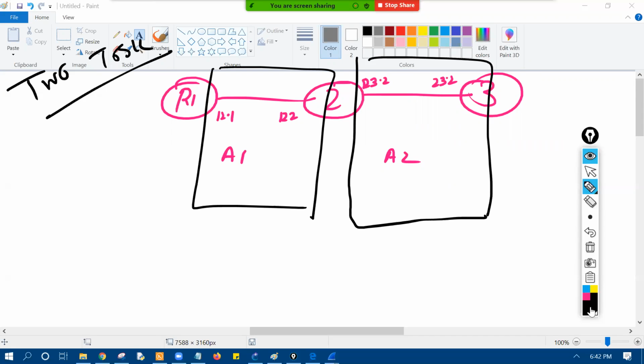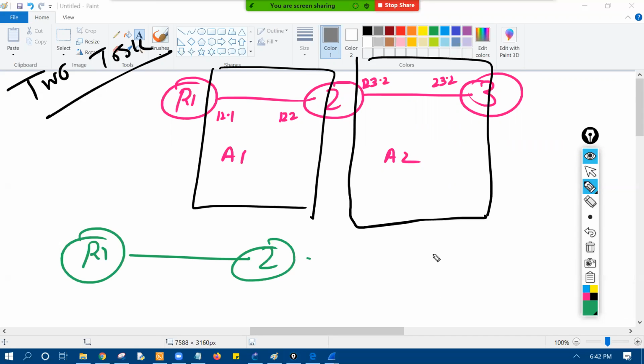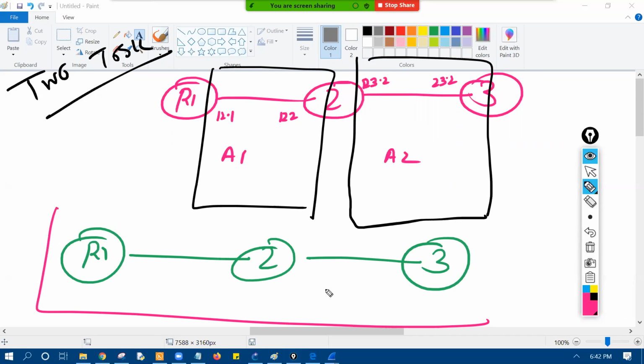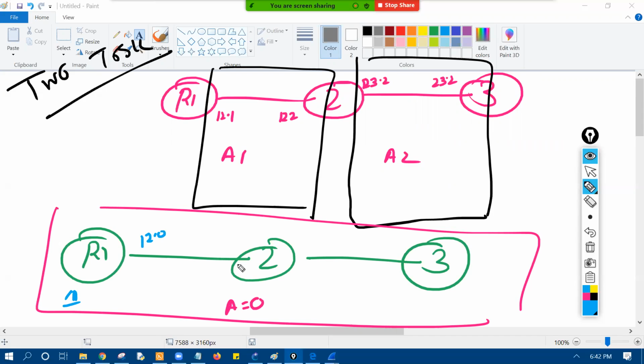Task 2: same area. Process ID 1 for this 12.0 network, process ID 2 and process ID 3.